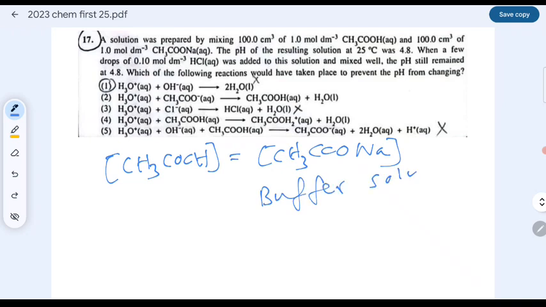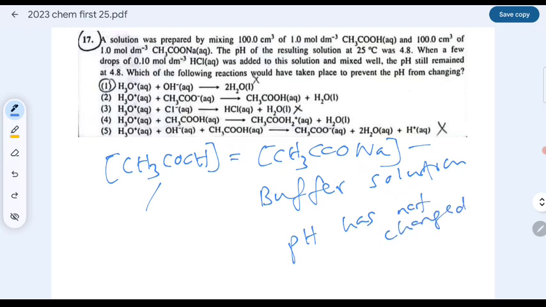Why? Because it has a weak acid and its conjugate base, right? pH is 4.8. Then when a few drops of 0.1 M HCl was added to this solution and mixed well, the pH still remained at 4.8. So pH has not changed.